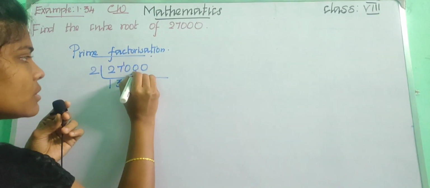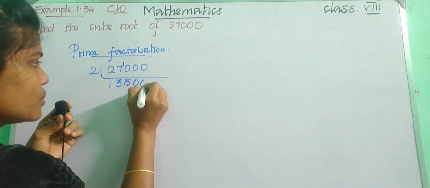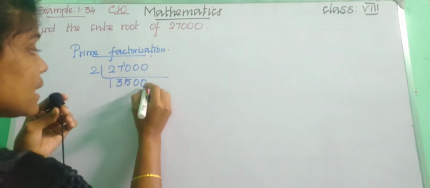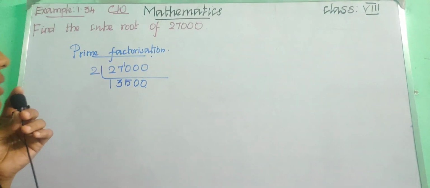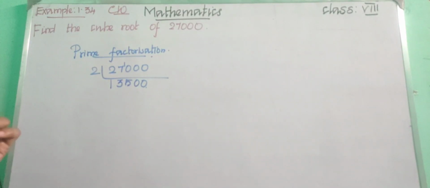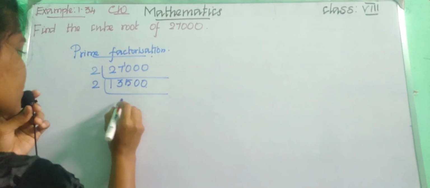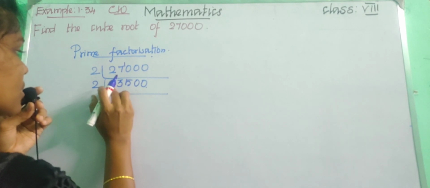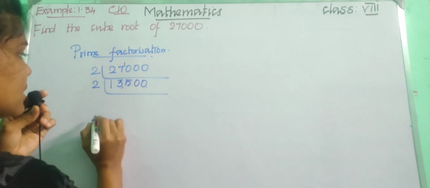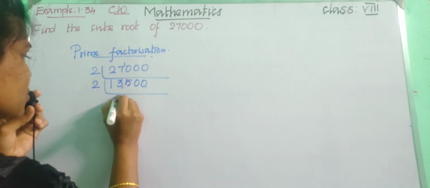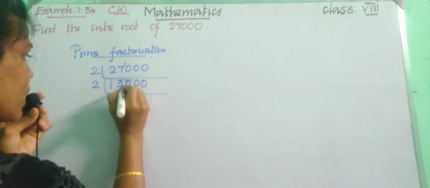And 0. 2 zeros are there, so remaining 2 zeros. Okay, children. Again, here we are having 0 in the units place, so again let us continue with the 2. 2 is the prime number, right? So we can't do for this 1, so let us take this 13. 6 2s are 12, remaining 1.